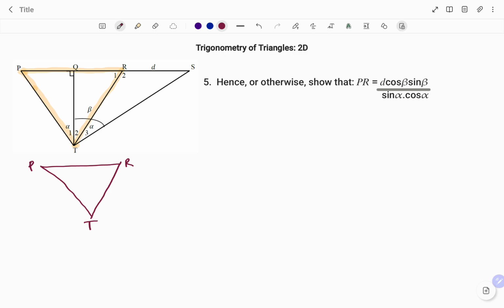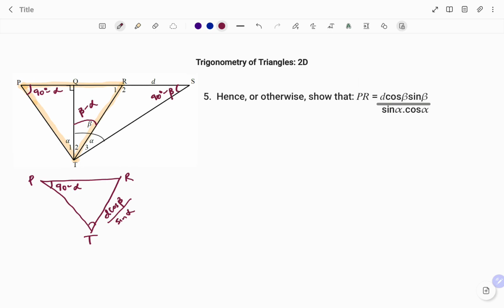We've also been able to show that the line RT is equal to D cos beta over sine alpha. Therefore, to find the angle at T, going back to the main diagram, T1 is alpha, T2 is beta minus alpha, so therefore T1 plus T2 is equal to alpha plus beta minus alpha, which is equal to beta. So I'm going to put that as beta.